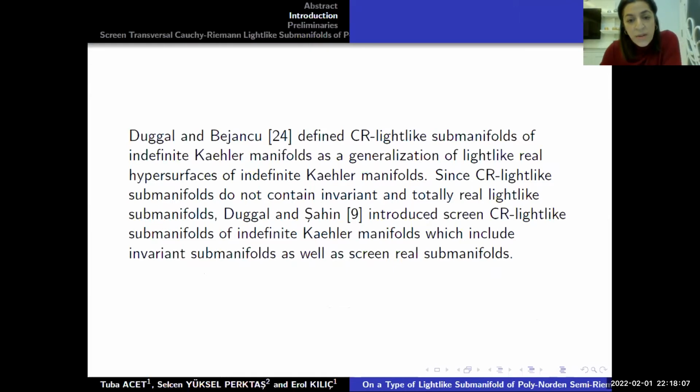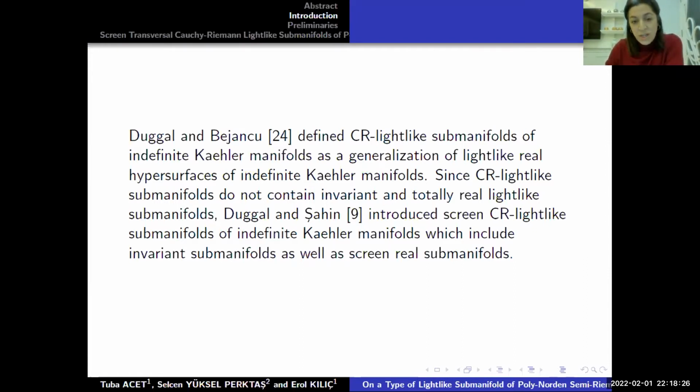Duggal and Bejancu defined CR lightlike submanifolds of indefinite Kaehler manifolds as a generalization of lightlike real hypersurfaces. But it is known that CR lightlike submanifolds do not contain invariant and totally real lightlike submanifolds.